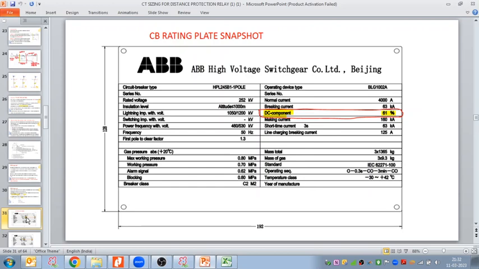We also discussed that when you select the circuit breaker, you need to focus not only on the AC breaking capacity but also on the DC component breaking capacity.